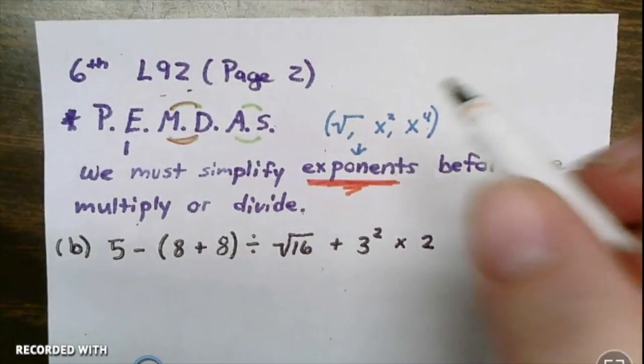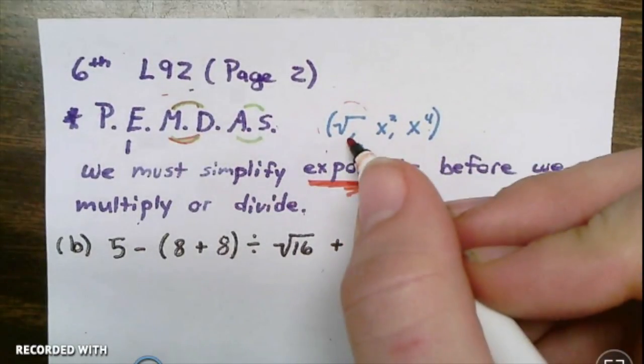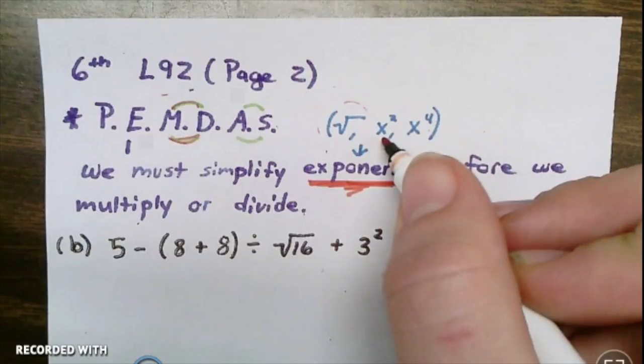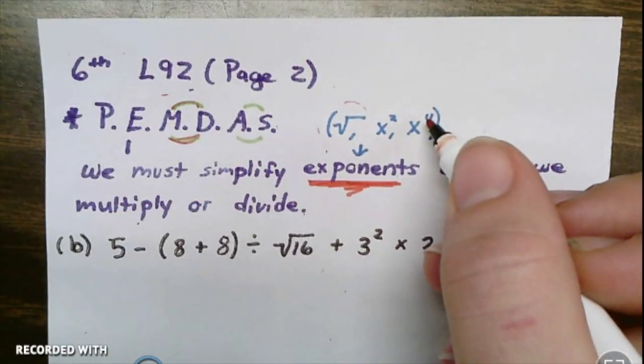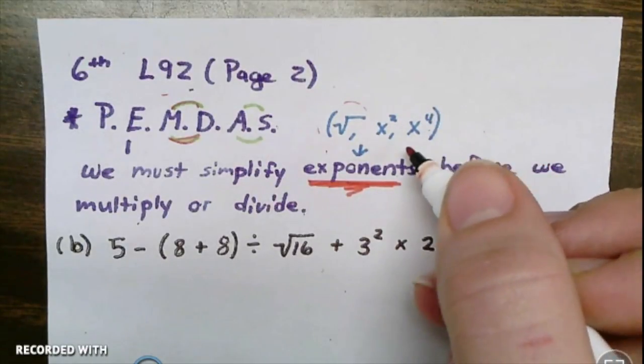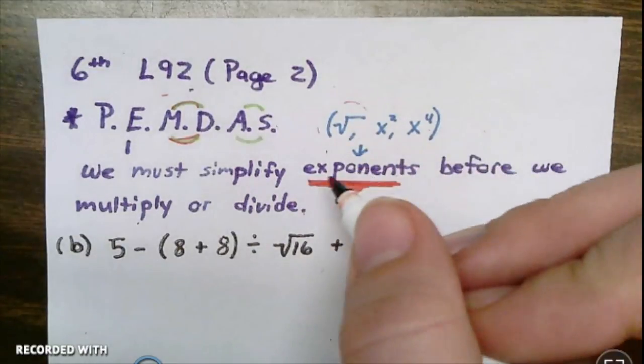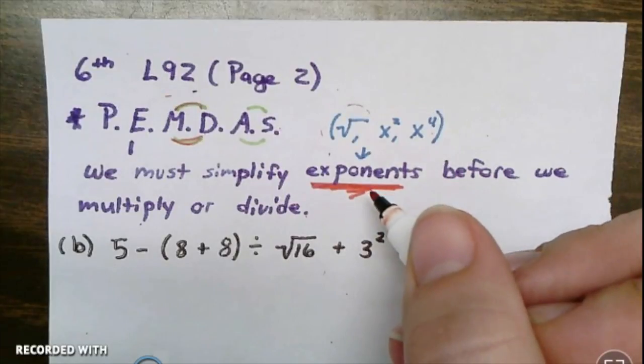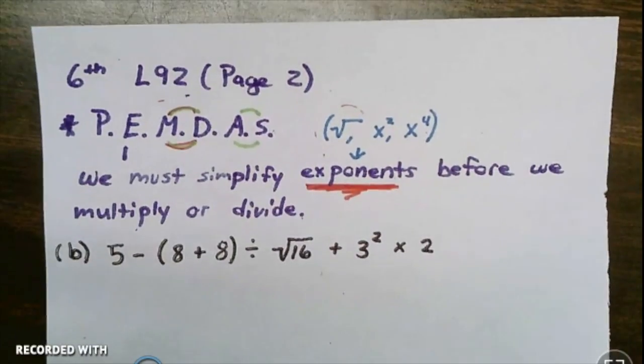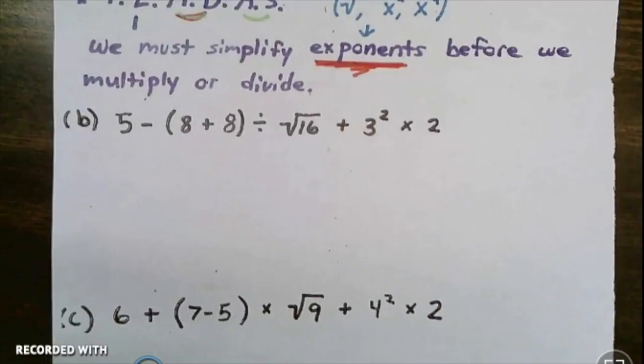And exponents include finding the square root of anything, squaring something, or any other exponent above a number. If you're cubing it or raising it to the 4th or the 5th, those all fall into the category of exponents. And you've got to do that before you multiply or divide, and especially before you add and subtract.